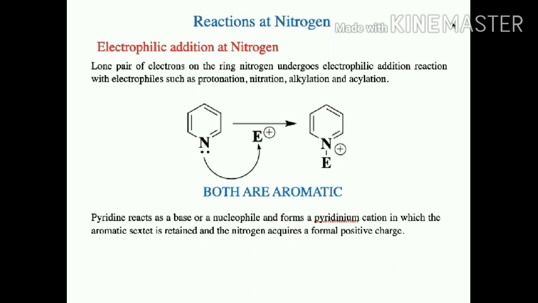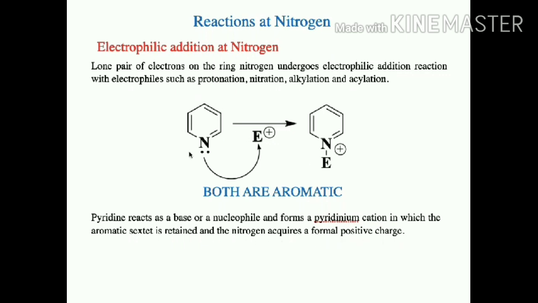If you look at the reactions at nitrogen, due to the presence of a lone pair of electrons on the ring nitrogen, it will undergo electrophilic addition reaction with electrophiles such as protonation, nitration, alkylation, and acylation. Those come under electrophilic addition reaction. Pyridine reacts as a base or a nucleophile and forms a pyridinium cation, in which the aromatic sextet is retained and nitrogen acquires a formal positive charge.